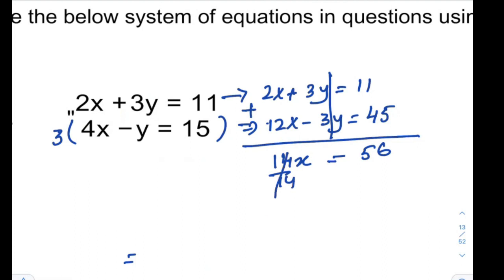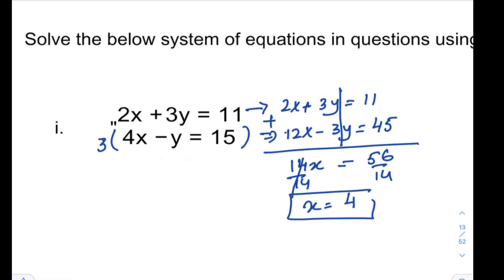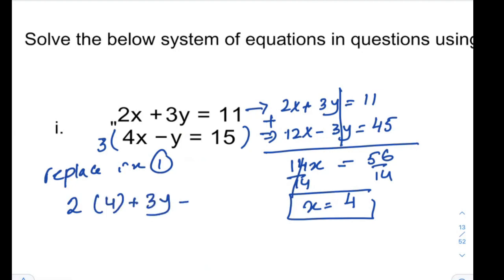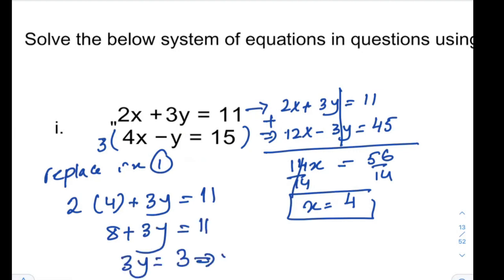And we will divide by 14. So x is 4. Yes, this is the mistake we made. Now replace in equation 1. So 2 times 4 plus 3y equals 11. So the solution is 4 and 1. I have used elimination.